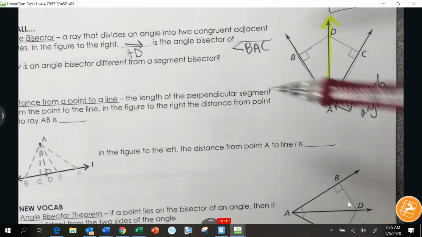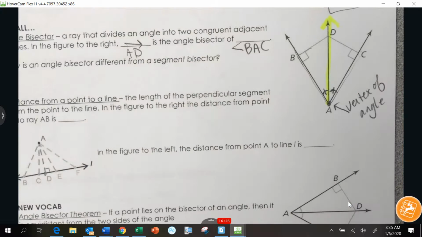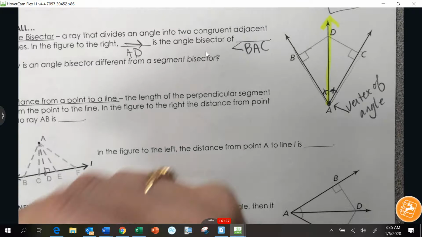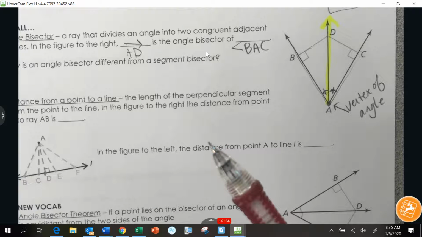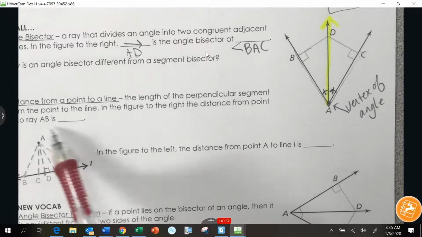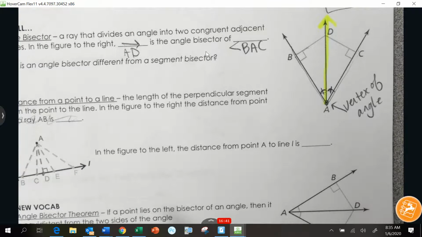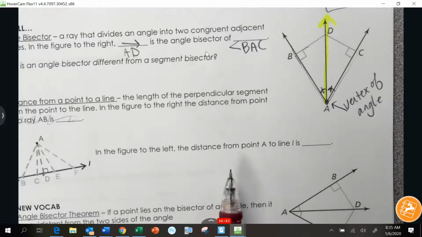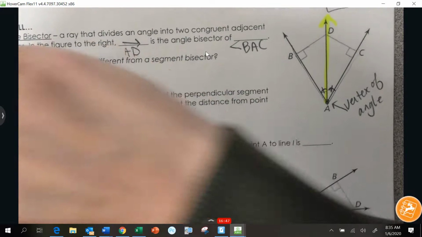I don't think this is making sense to me. Oh, maybe it is. That doesn't make sense to me. Ignore this. I have to go back later and figure out what it's supposed to say. Oh, wait, maybe it's talking about this one. That's probably why it doesn't make sense.